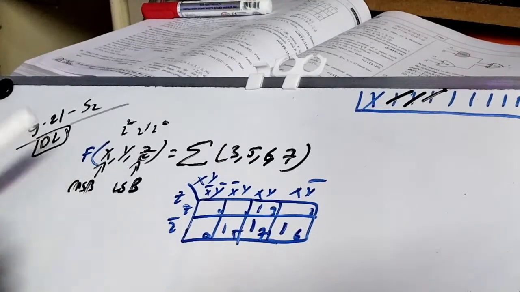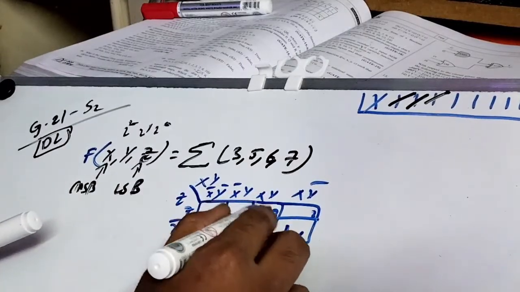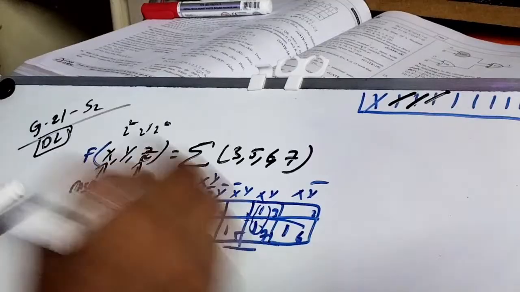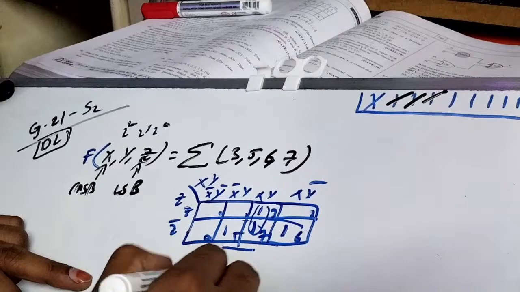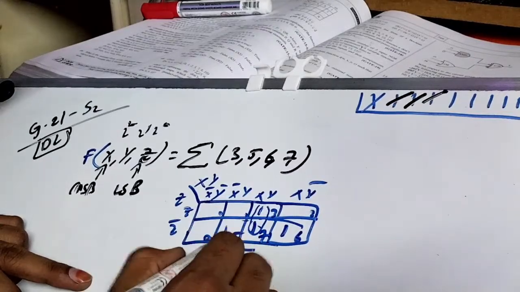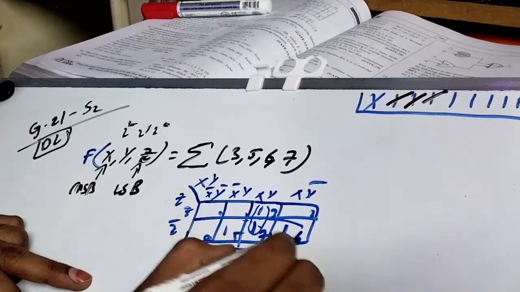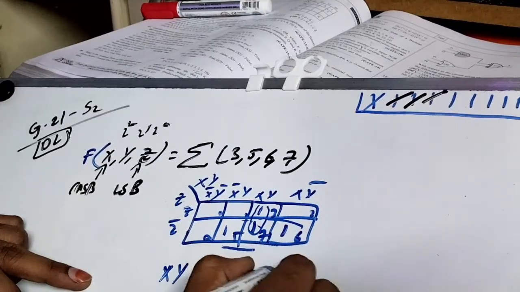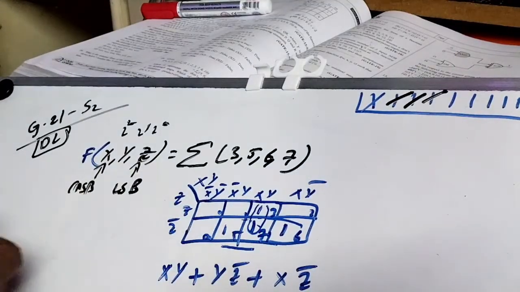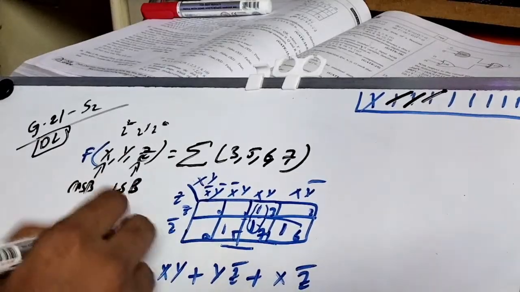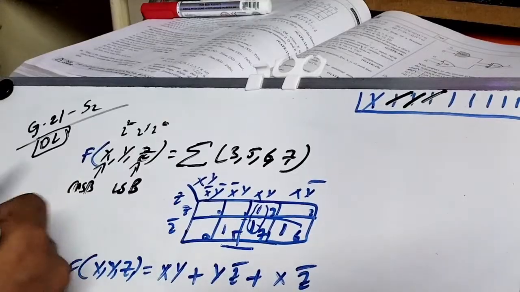Let us simplify and distribute. So the function is yz plus zx plus x z bar.